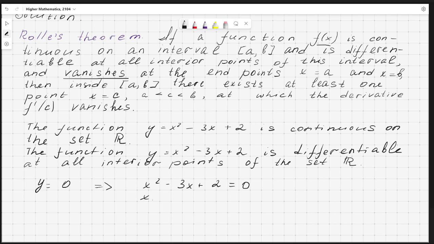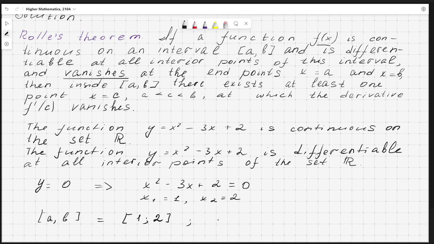X first equals 1, x second equals 2. It means we must consider the interval from a to b, or interval from 1 to 2.